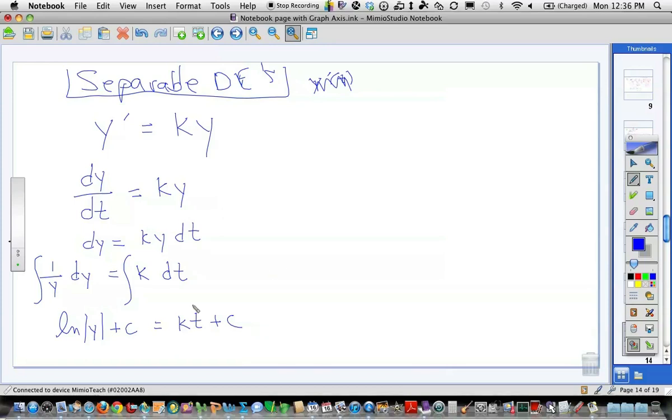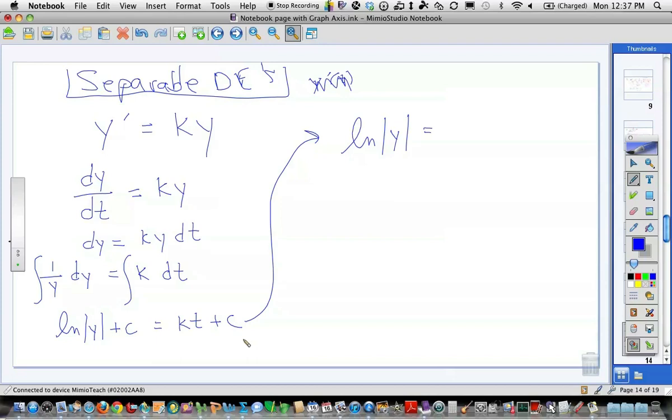All right, plus c. Now, what are we trying to do? We're trying to solve this, right? We're trying to solve it, which means we want to do what? Get y by itself. So I want to come over here and I'm trying to get y by itself. Well, I could subtract the c. Now, if I subtract the c, these c's are not the same c necessarily. They're just some arbitrary constant. So if I call this c1, call this c2, if I subtract c1 from c2, I get c3 or something.